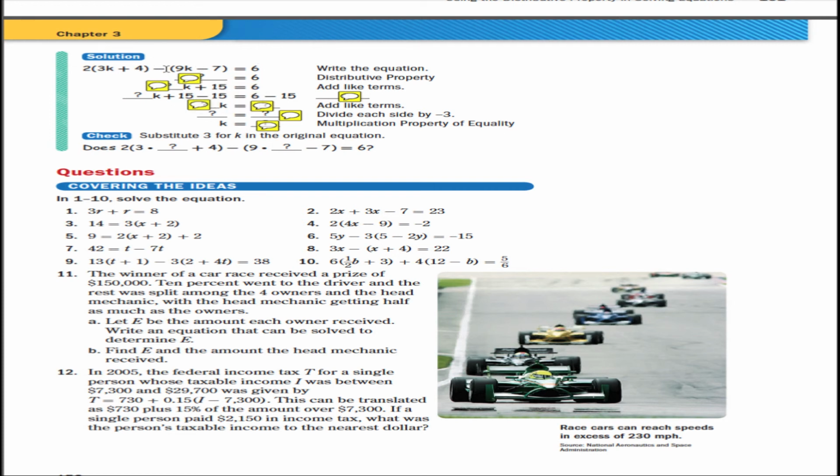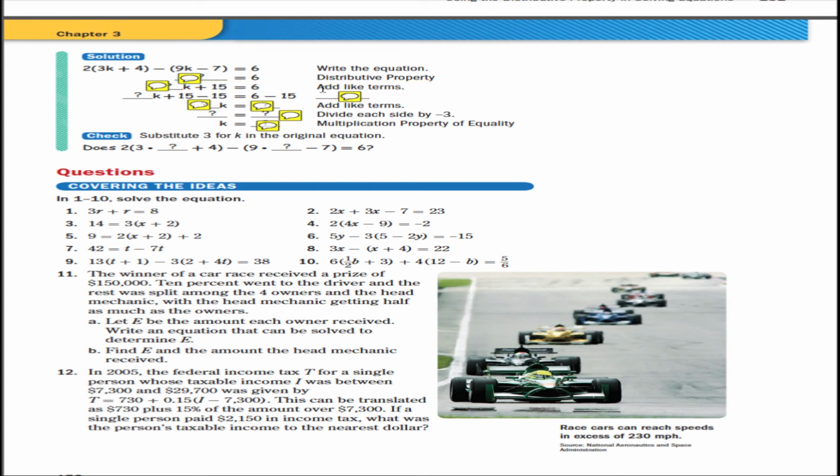Here, this negative is like a negative or minus 1 times 9k minus 7. So when we write that one out, we get 6k from here, plus 8, 2 times 4 is 8, minus 1 times 9k is minus 9k, minus 1 times minus 7 is plus 7. So I get 6k plus 8 minus 9k plus 7 here in that first question mark.